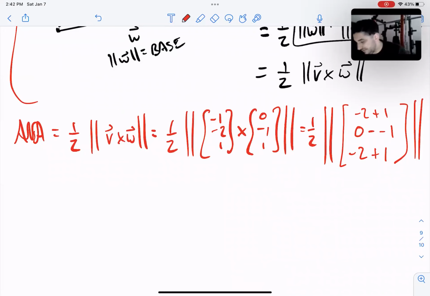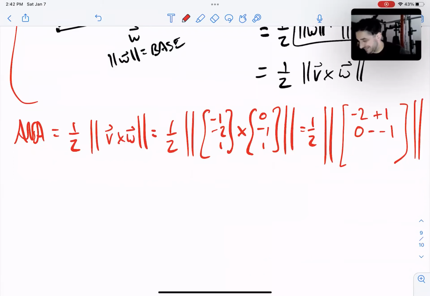Wait, I got the same thing for the X and the Z. This means I have a mistake. Yes, I did, because it's not symmetric, right? I did the X and the Z. The X should have been -2 plus 1. Wait, what the heck? Okay, I did the Z wrong.